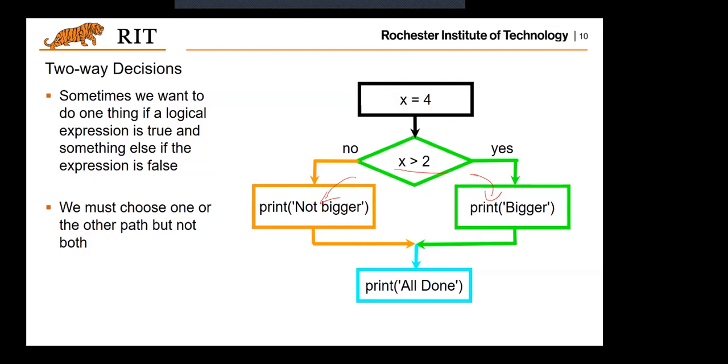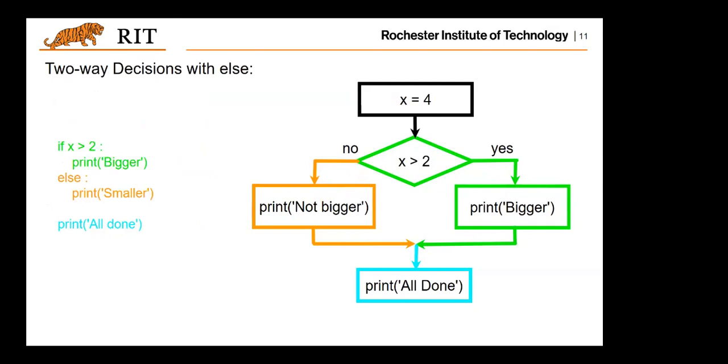Let's look at some examples. You can write some code like this. If x is bigger than 2, then print bigger. Otherwise, print smaller. So it's either this line of code or this line of code that will be executed. It's a binary decision. For example, x is now assigned to be 4, and we check whether x is bigger than 2.